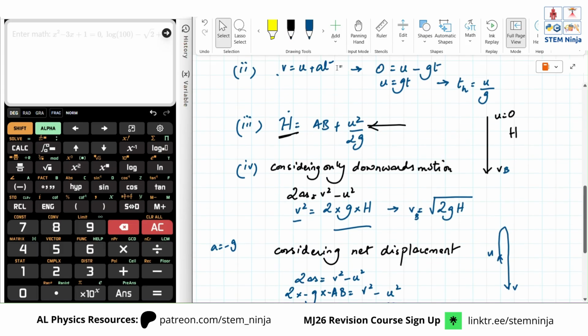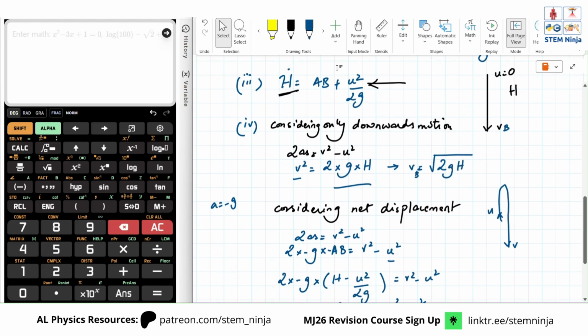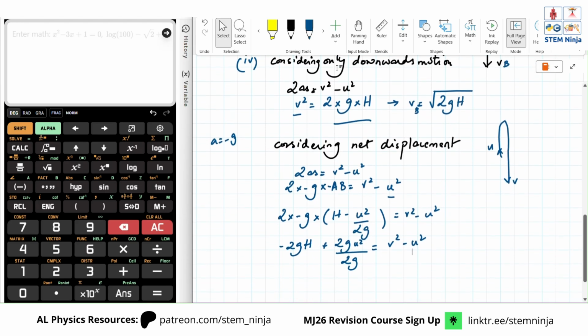Wait a second. Okay, so we had minus AB. Oh, sorry, right. We had a minus AB. So this would become minus, this would become plus. So this would become plus 2g minus minus, and this would become minus. Right, okay. So now you see 2g gets cancelled.